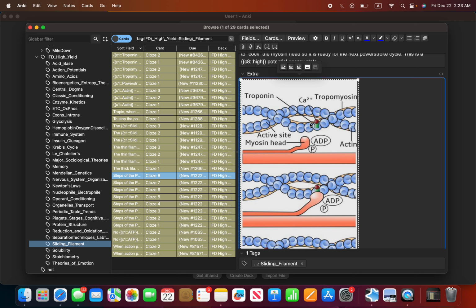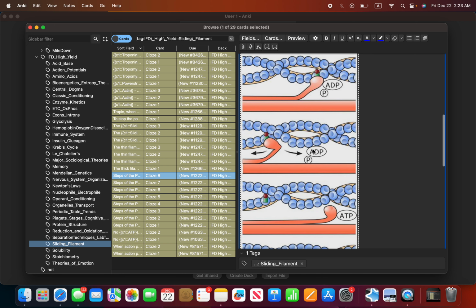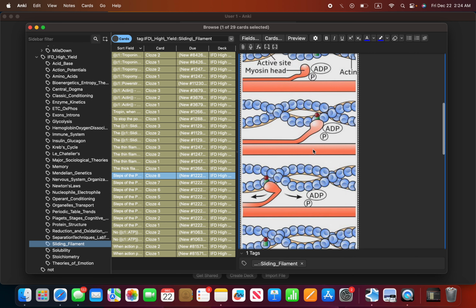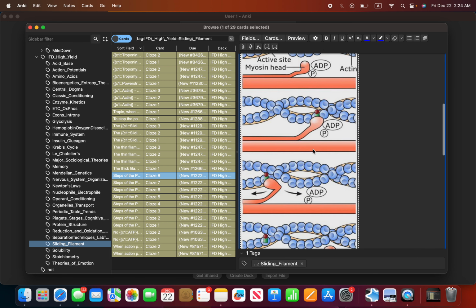There is an active site over here, and there is a myosin head. So the myosin head is not bound. But why is the calcium still here? Shouldn't it be unbound when the tropomyosin is attaching?